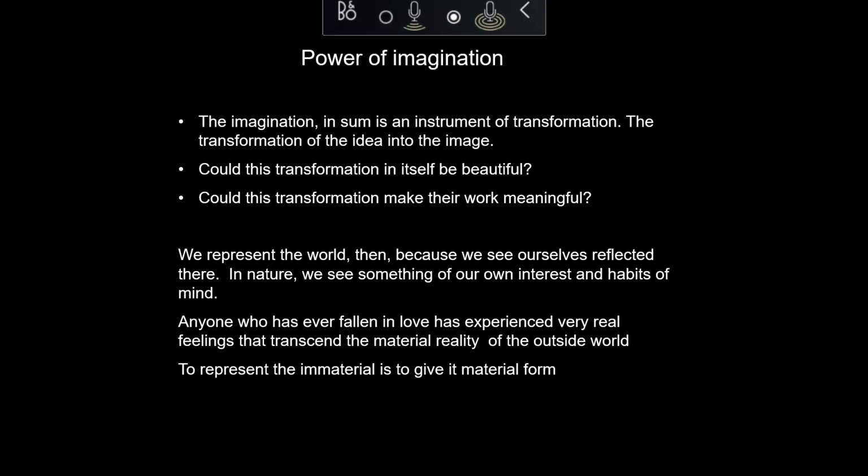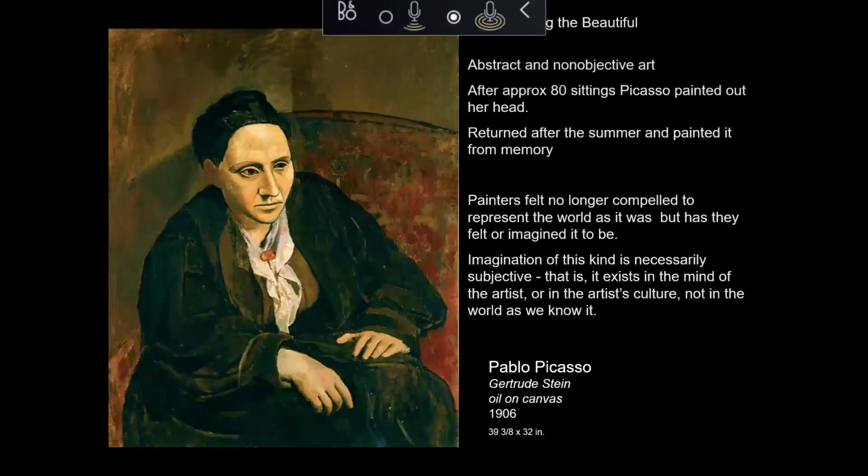Those are very real feelings, very hard to make a tangible object, right? Because that transcends the material reality of the outside world. It's not something you can go buy off the shelf, right? It's not something you can hold in your hand. So, again, your imagination also allows you to create things that represent the immaterial and give it material form. Again, the very definition of art using a medium, right?